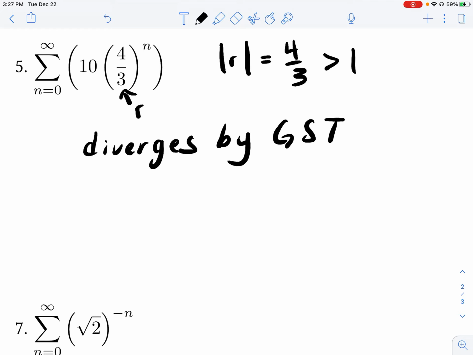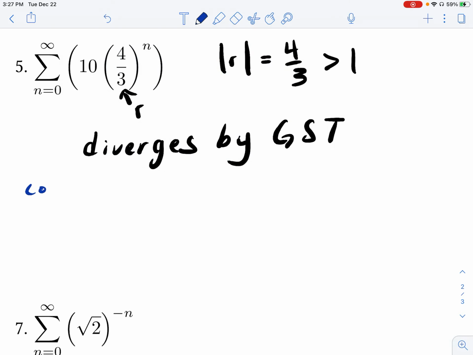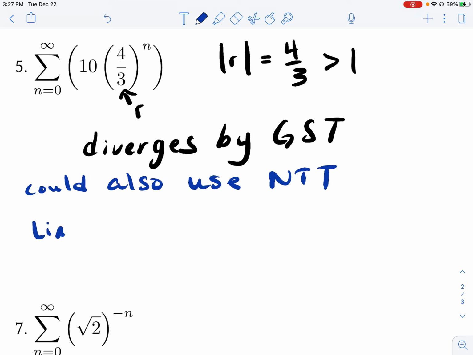Okay? Now, if you're looking at this carefully, you could also see that we could have also used the nth term test, and I'll just do that in a different color. Could also use NTT. And what does NTT say? It says, let's look at the limit of our a sub n as n approaches infinity, which is this.